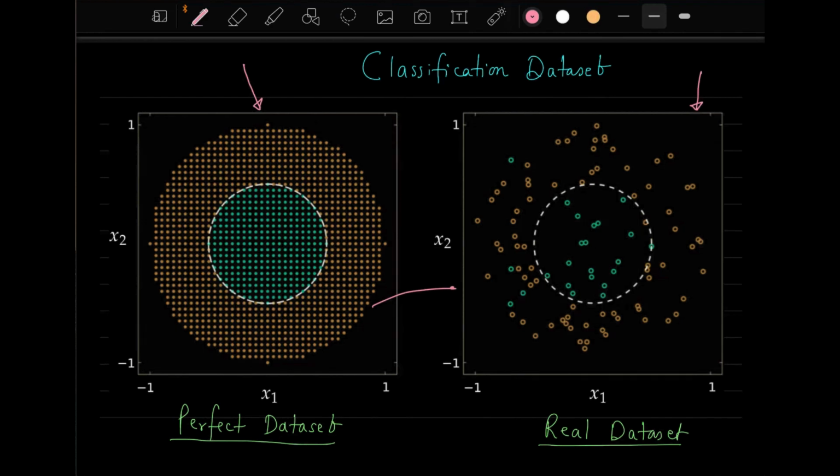Because of that noise, you can see these points which are here are scattered around and came outside the boundary. These points are coming outside due to the addition of noise, which was added to some samples and moved them outside. That's why real data sets are noisy data sets.